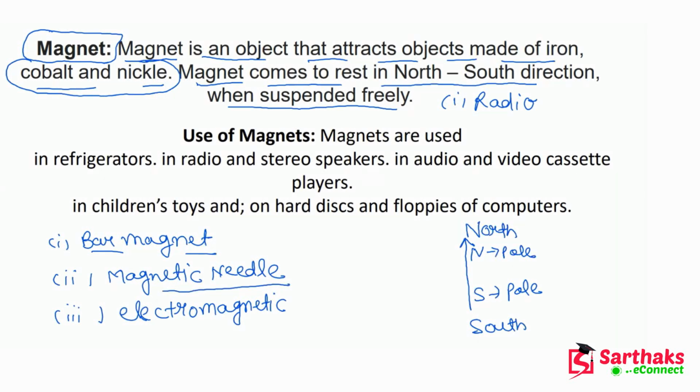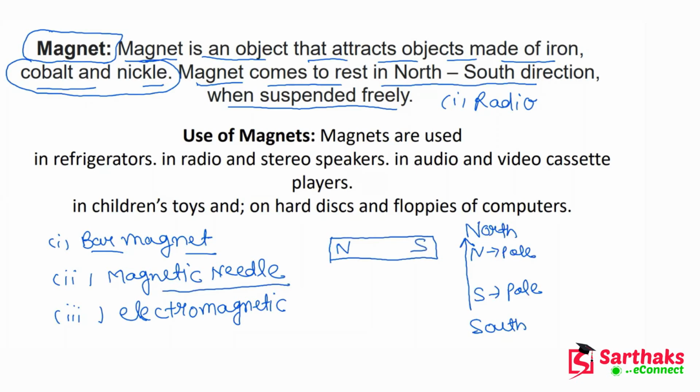Okay, guys. Now you might be confused about what these poles are, because I am saying that the north pole is indicating north and the south pole will indicate south, but we don't know what poles are. So let's suppose this is a magnet, and this is what we call a bar magnet. All magnets, not only the bar magnet, have two poles, north pole and south pole.